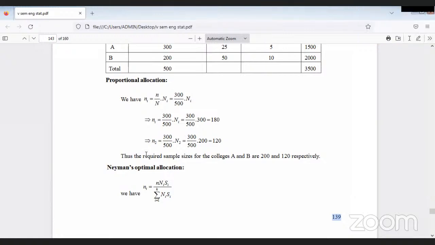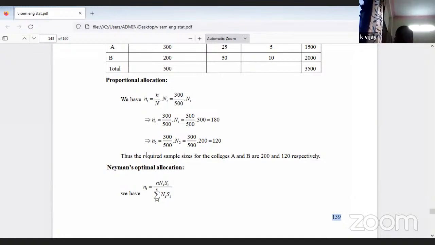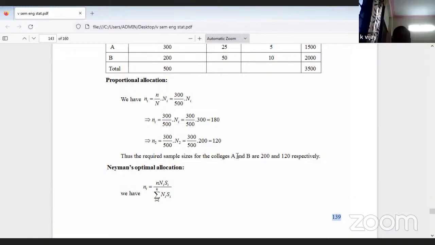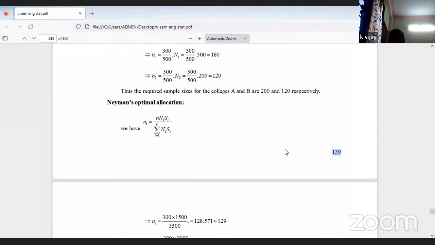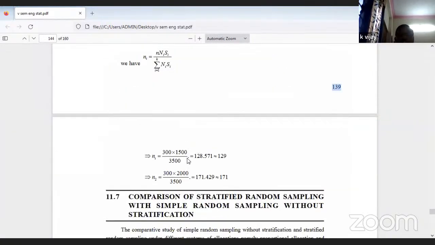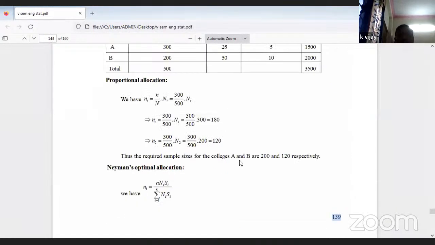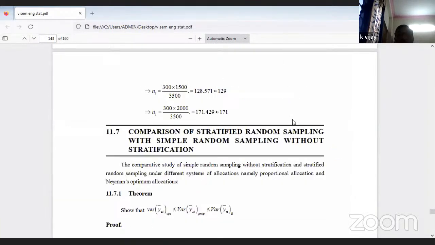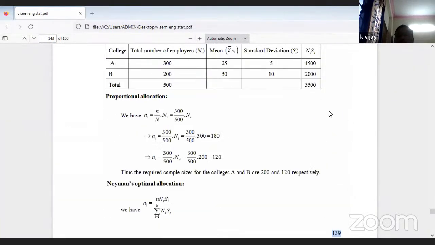It is correct, sir. Answer. Into 300 by 500 into 200. It is correct? Yes, sir. 120 correct. So therefore, accordingly, this is proportional allocation. The name on allocation we are doing: Ni is equal to n into NiSi by summation i equal to 1 to k NiSi. So we are doing 300 into 500 by 300 into 1500, 300 into 1500 by 3500, the total value here.